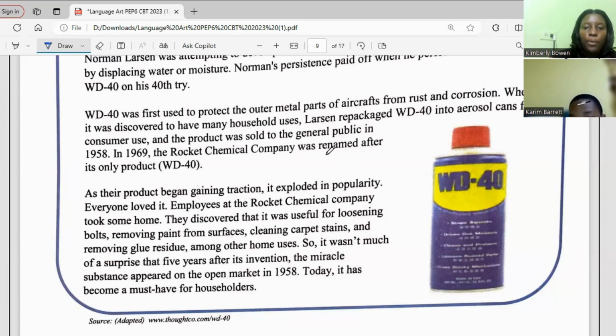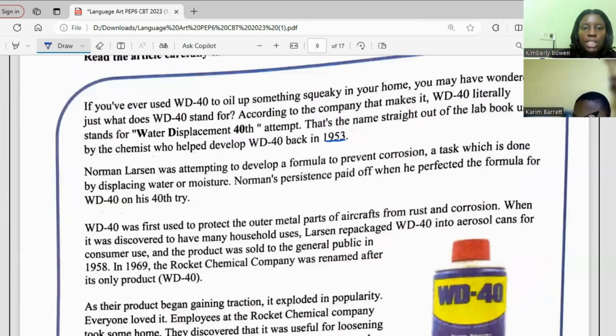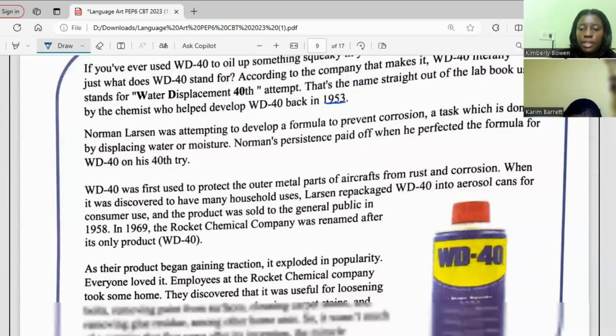All right, so we want to know which paragraph speaks of WD-40's success. It's not C. It's not paragraph 3. Let's look at 1. Paragraph 1 just talks about how the name was developed, and 2 talks about how Norman made the product.